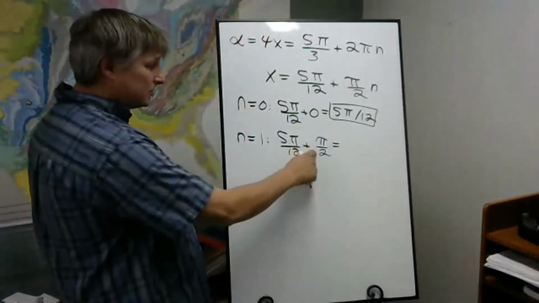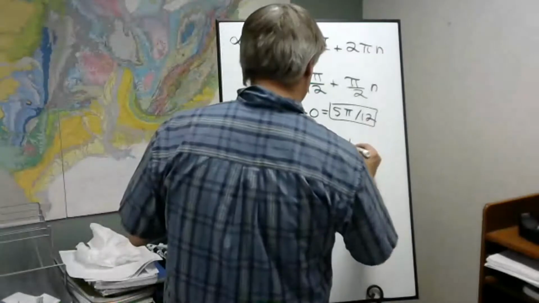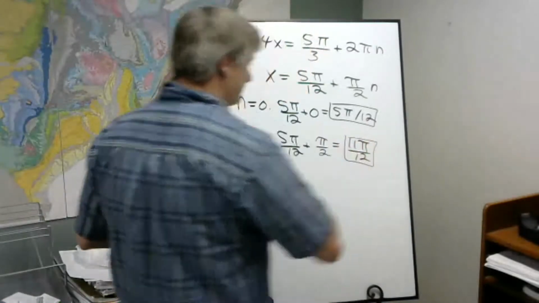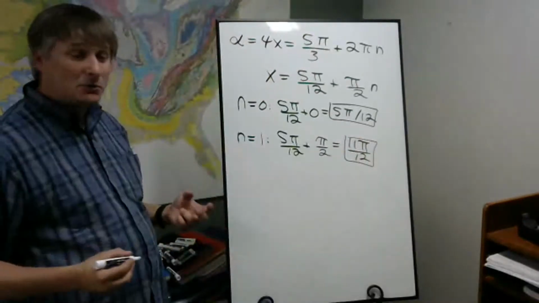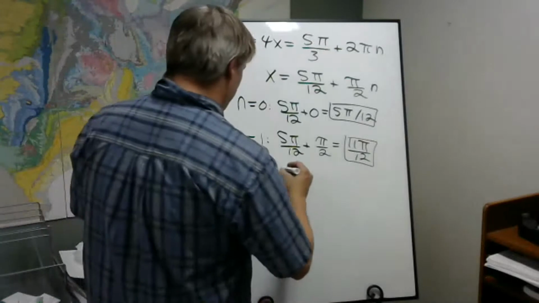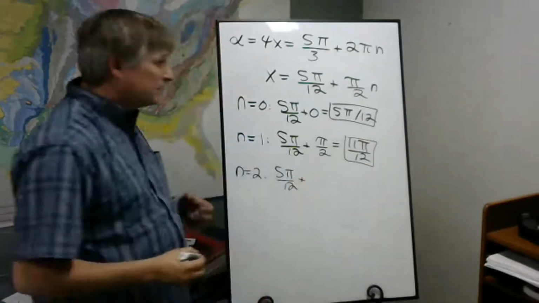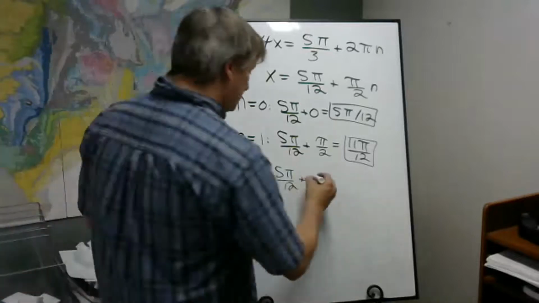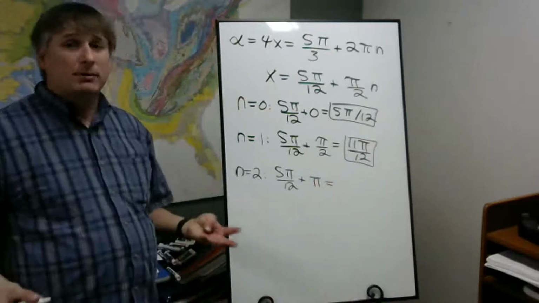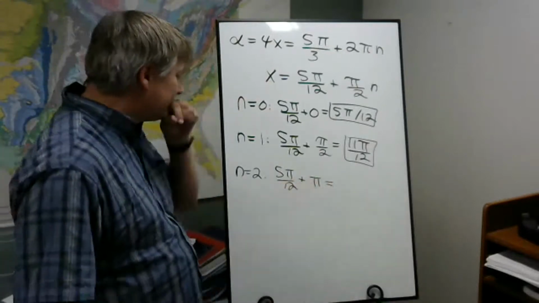Again, common denominator, multiply top and bottom by 6. We have 11 pi over 12. Now for n is 2. If we multiply pi over 2 by 2, we're going to get pi. Now again, multiply top and bottom by 12 and get that common denominator, about 12 pi over 12.